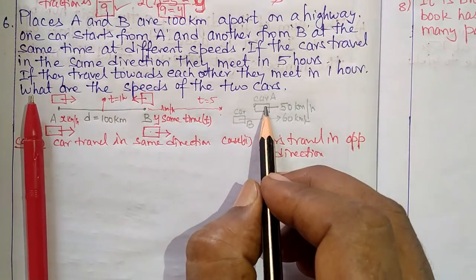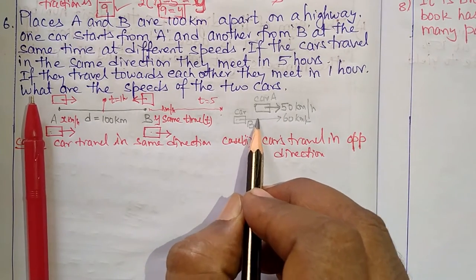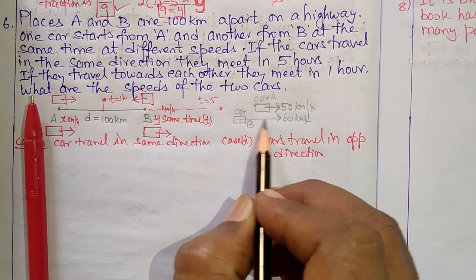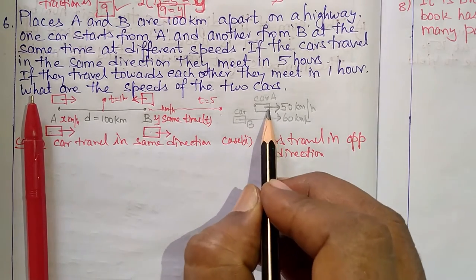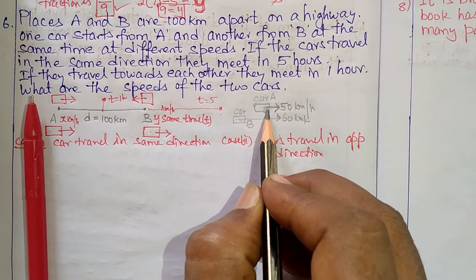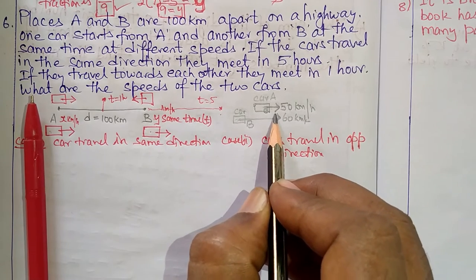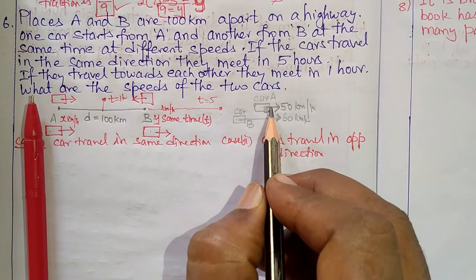Now what will be the relative speed? Car A is traveling with the speed of 50 kilometers per hour. Car B is traveling with the speed of 60 kilometers per hour. That means this car will overtake this car. Now for a person sitting in this car, it is also overtaking him. What will be the speed of this car relative to this person?